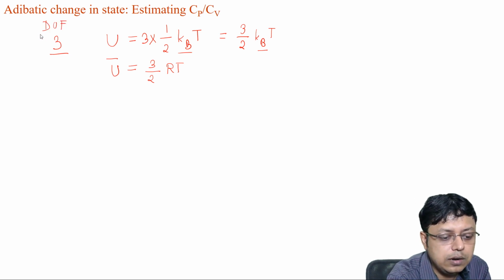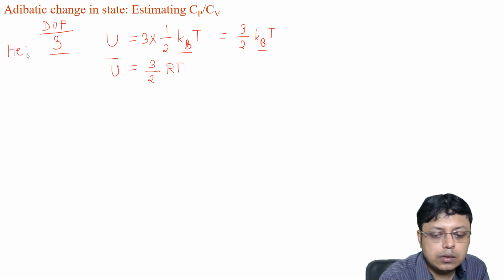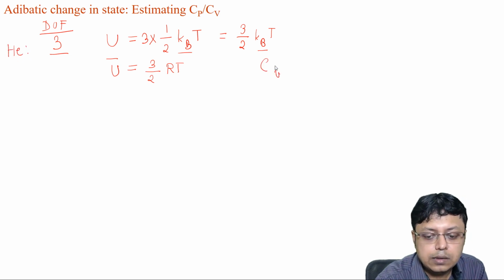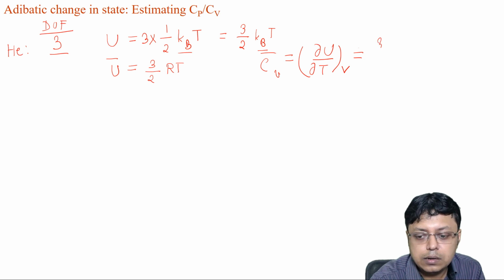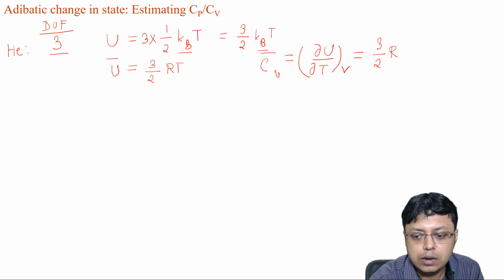So the total degree of freedom was 3. So Cv, or the heat capacity at constant volume, is nothing but del U del T at constant V, which, if we take the derivative, will be nothing but 3/2 R.